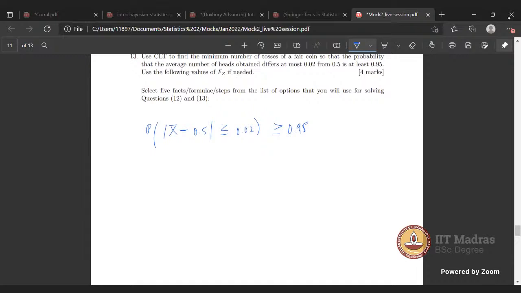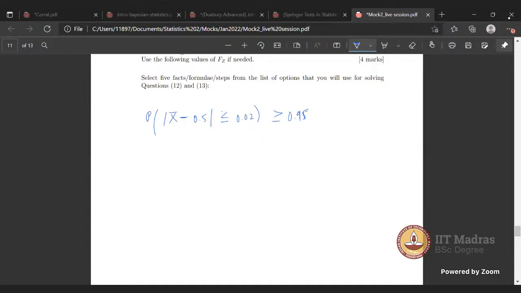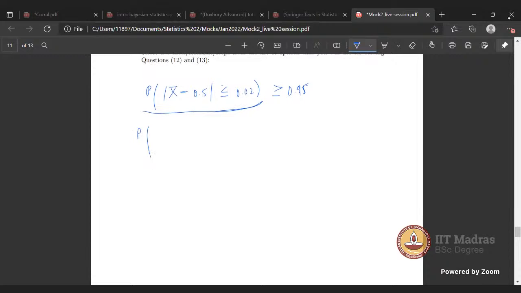First thing I will do is solve this part. So what is x bar? X bar is x1 plus up to xn divided by n, minus 0.5. This is less than or equal to 0.02.